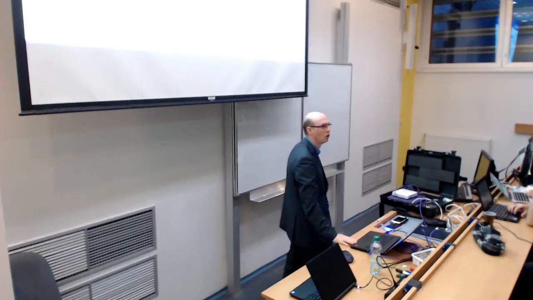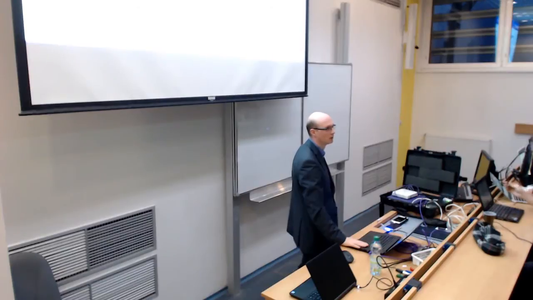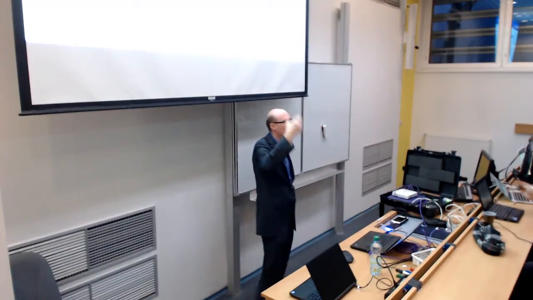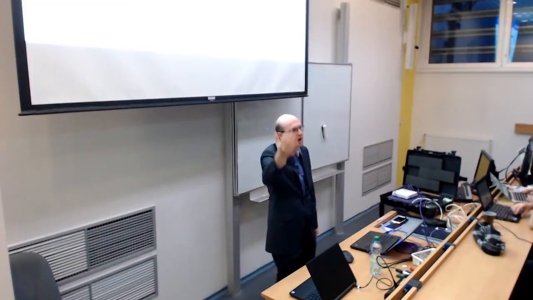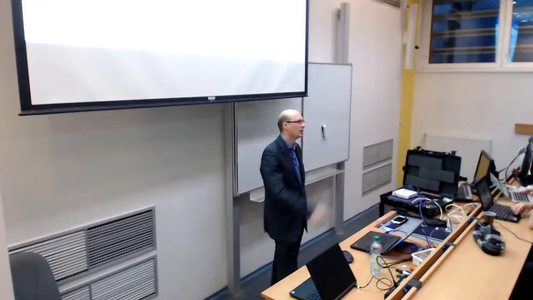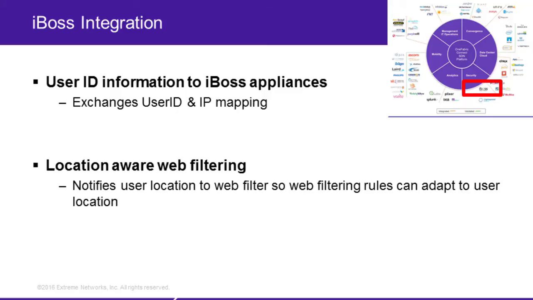So the firewall will apply the correct firewalling rules. I can say to the firewall, hey, this is an Apple device and you should apply that profile. Or I can say, hey, that's an Android device, apply that profile. This is this location or that location. I can work with that.